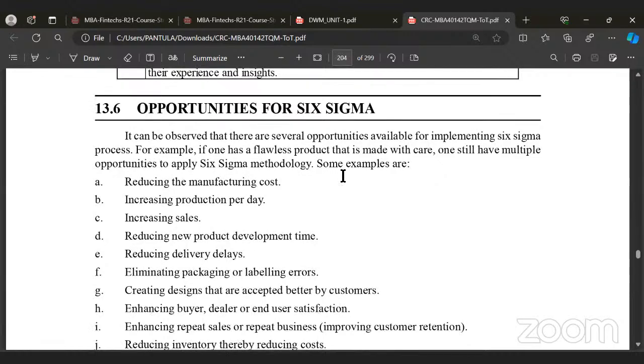And opportunities for Six Sigma. So what are the opportunities? There are several opportunities available in implementing Six Sigma.